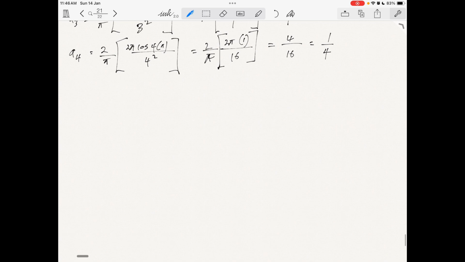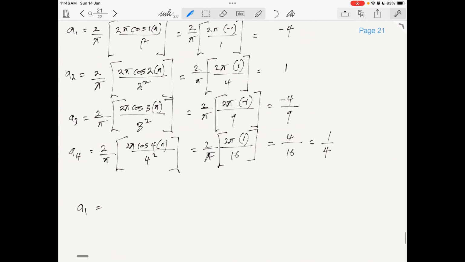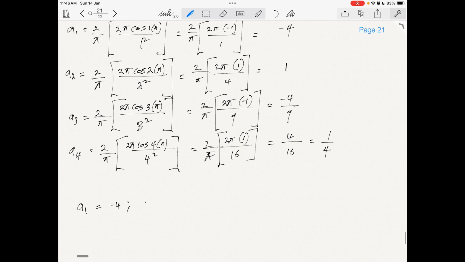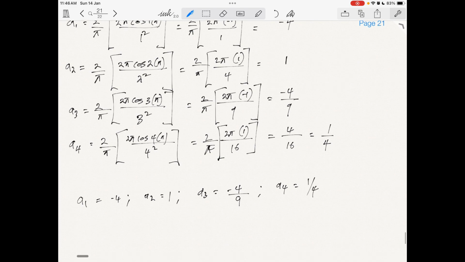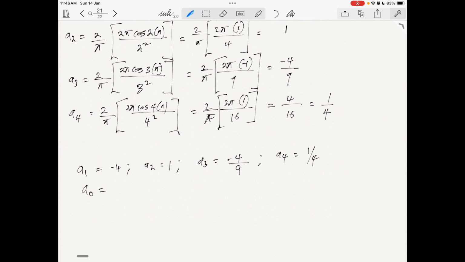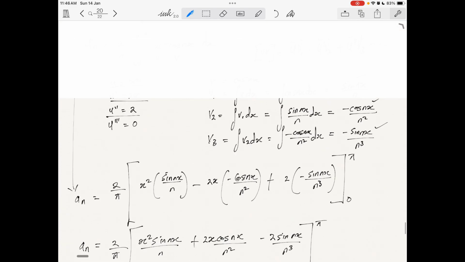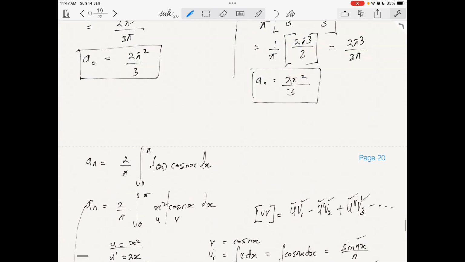So, having evaluated a1 to be minus 4, a2 to be 1, a3 to be minus 4 over 9, and a4 to be 1 over 4, and also we evaluated that a0 is equal to 2 pi squared over 3.